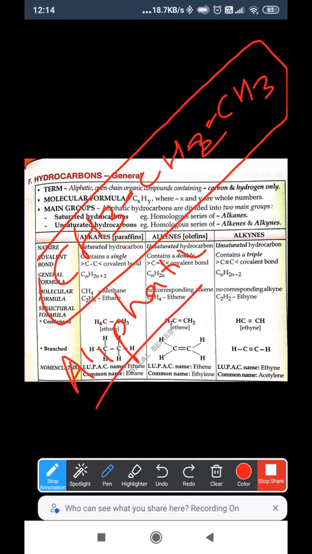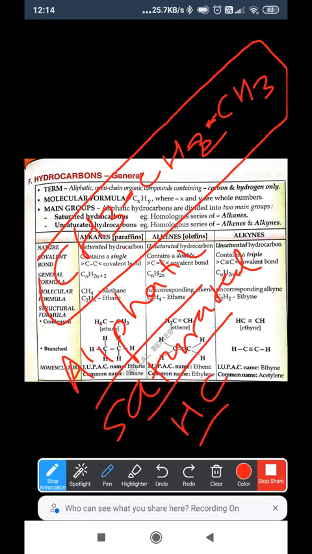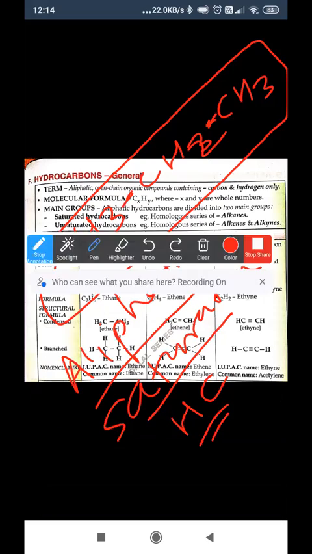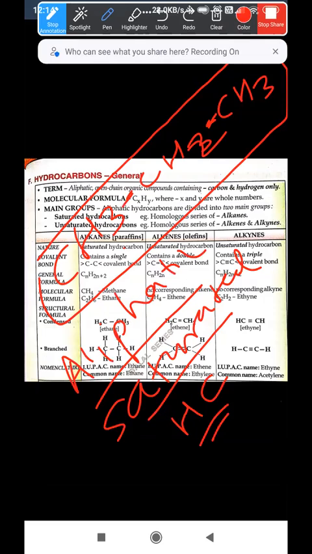What is saturation and unsaturation, I will explain later. So in short you can say it is a saturated compound, and it is a hydrocarbon. By these three words we can define this compound: an aliphatic saturated hydrocarbon is called an alkane.